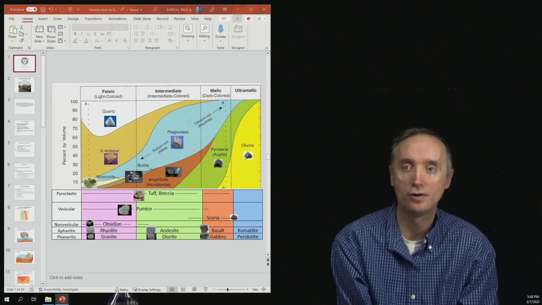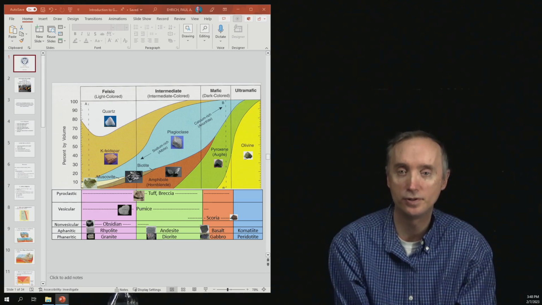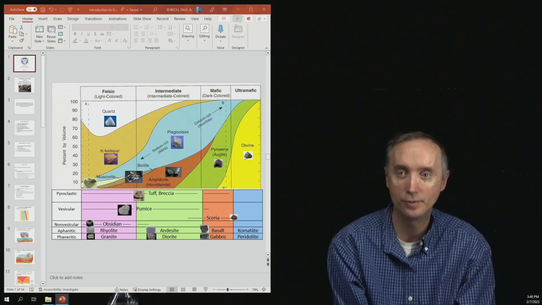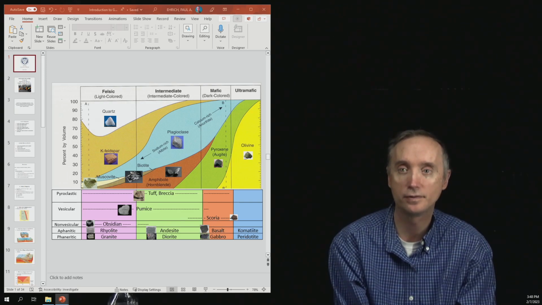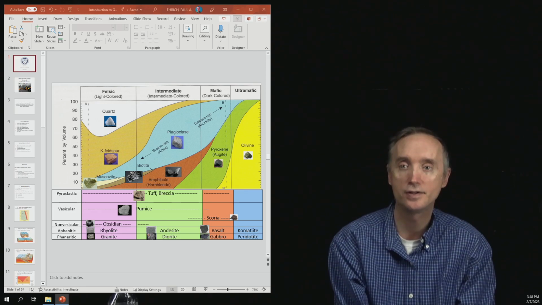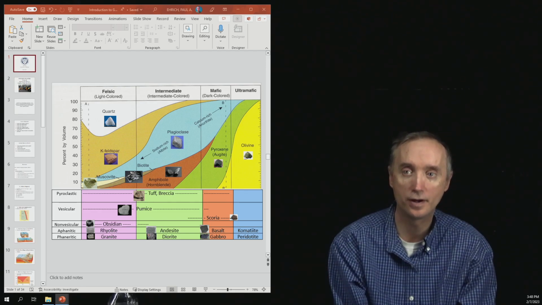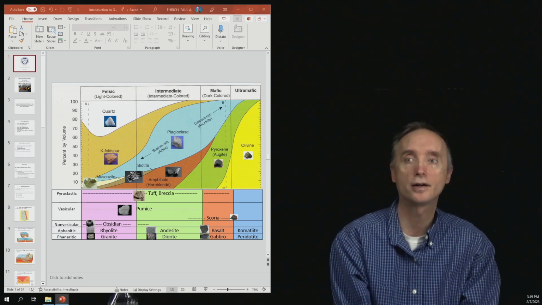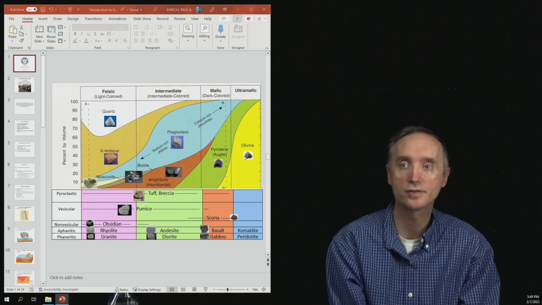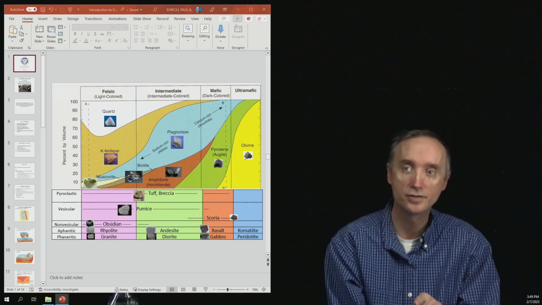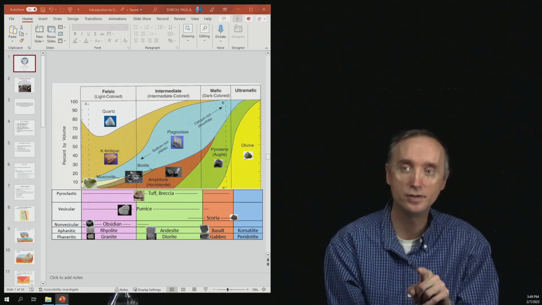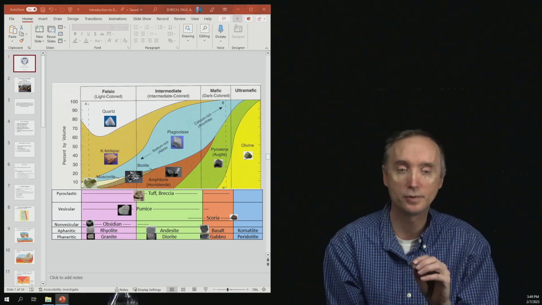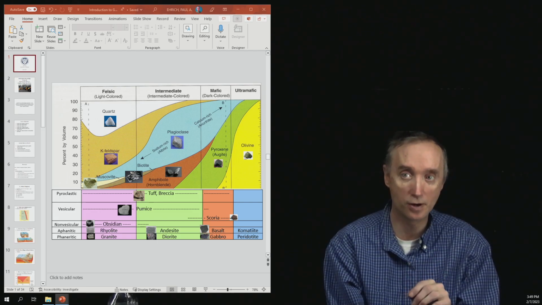So if you recall, according to Bowen's reaction series, what happens is that as olivine cools off, it tends to fall apart and then is reconstructed as pyroxene. So if you've got a rock that is composed of pyroxene, and now look above it, you notice there's that calcium-rich plagioclase feldspar.